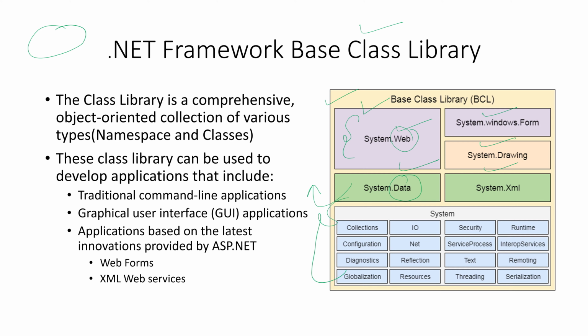Okay, so now let's talk about this common language runtime. Okay, so common language runtime provides a common runtime environment for all your .NET applications written in any of the language supported by your .NET framework. Okay, so this actually makes use of common type system CTS.